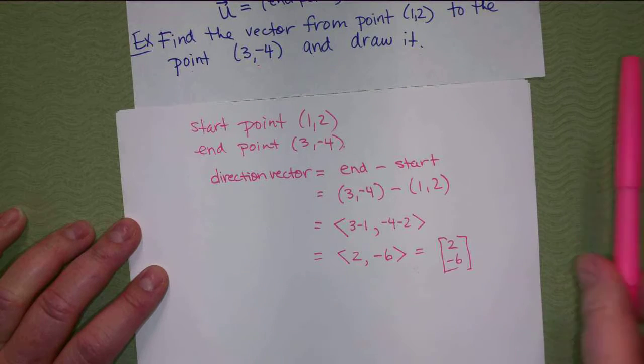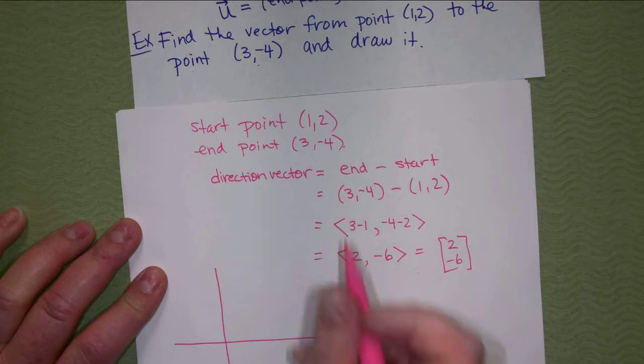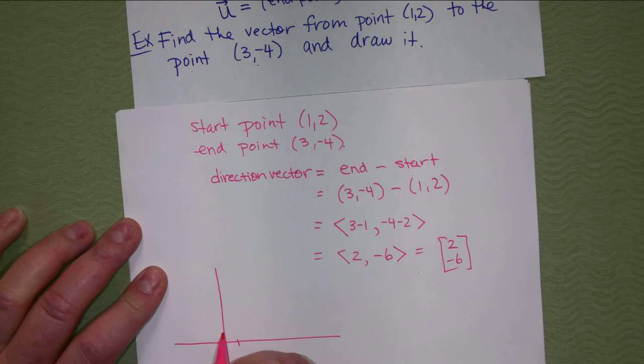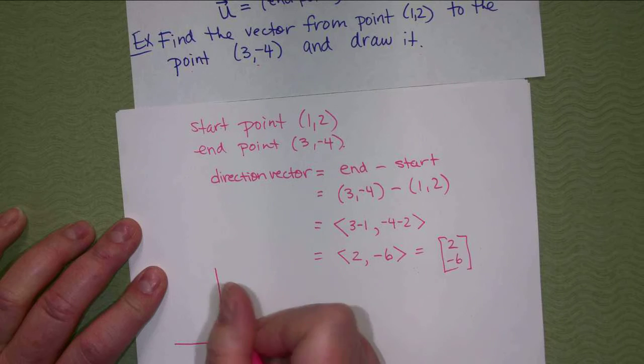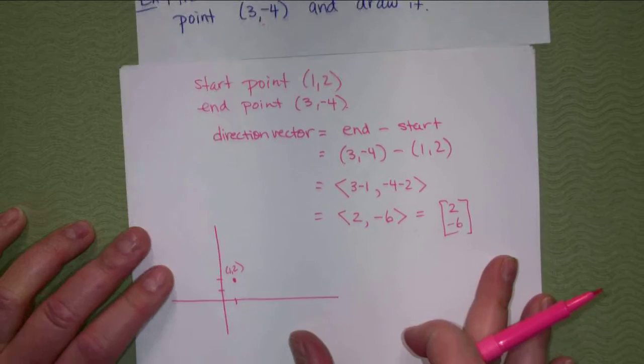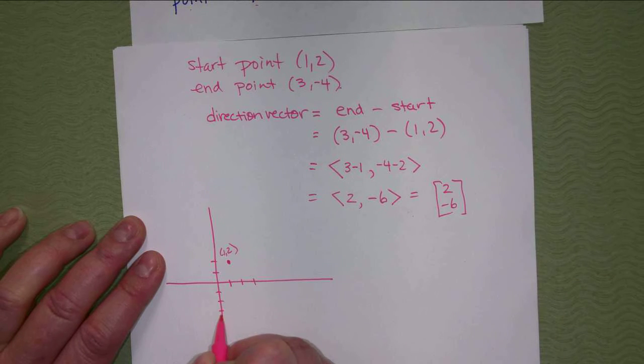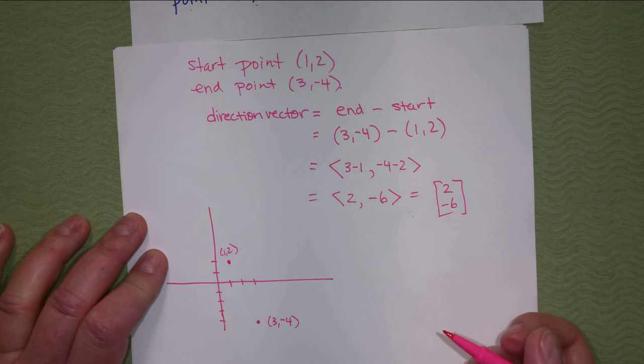So it's not very hard to draw because we have the start and end point. We would just draw the start and end point and the vector between it, making sure it's pointing in the right direction. So the point 1, 2, and the point 3, negative 4, so which direction does it point?